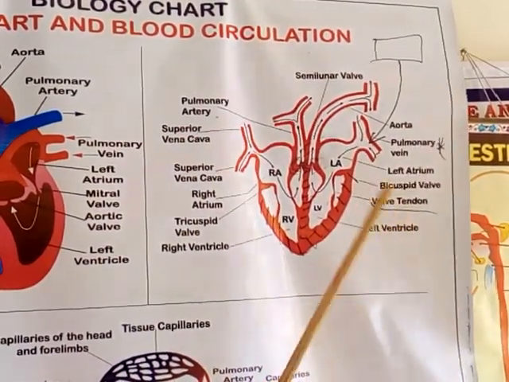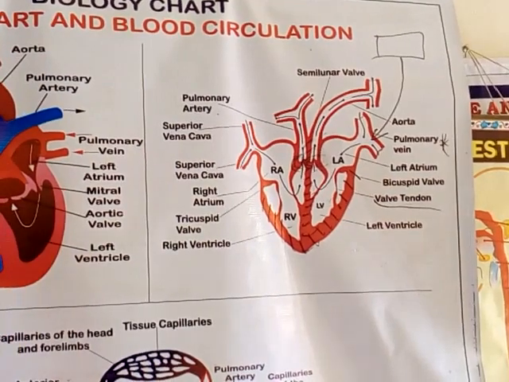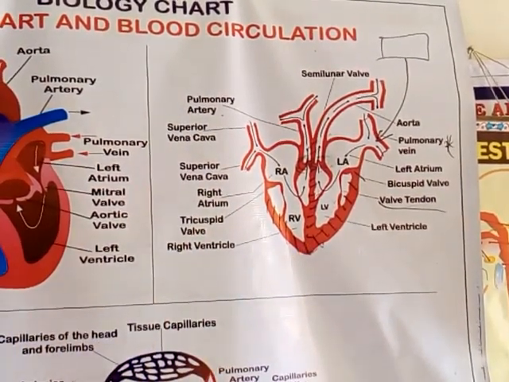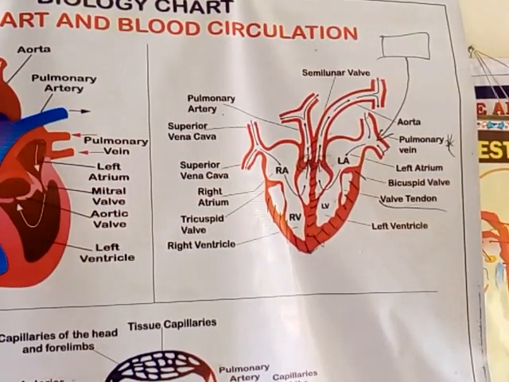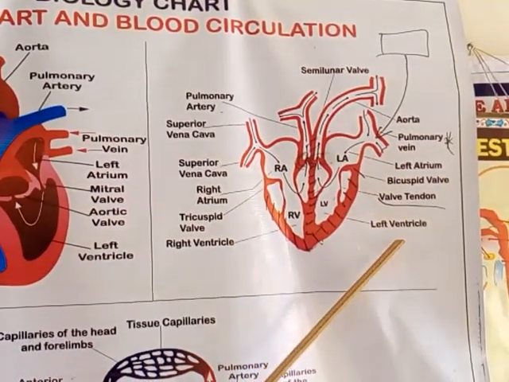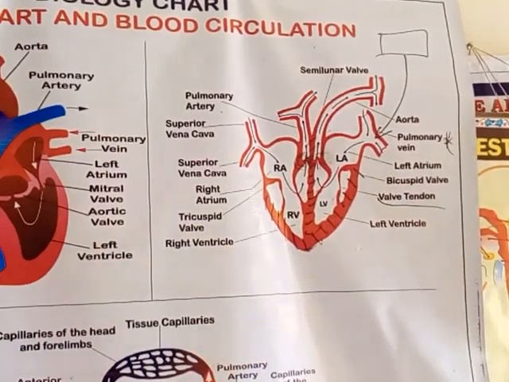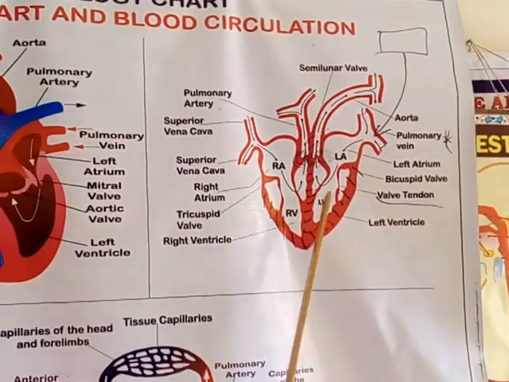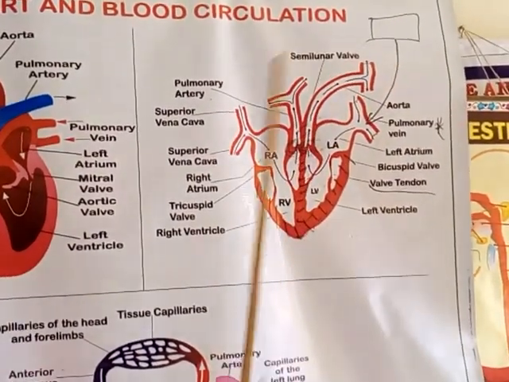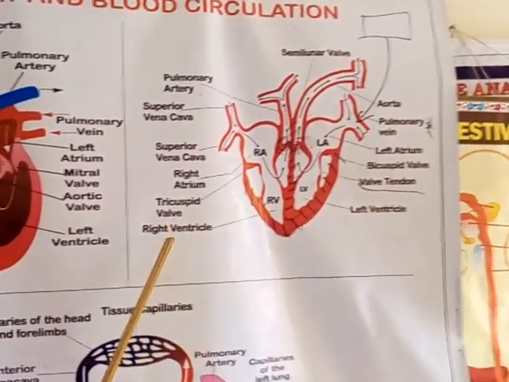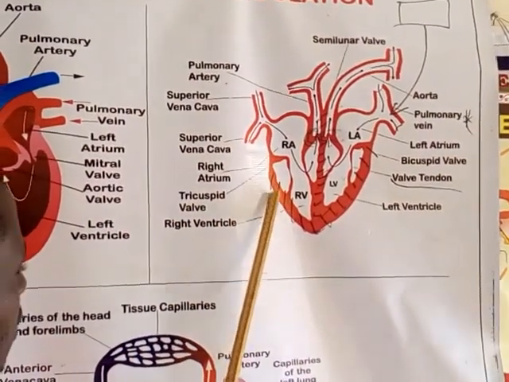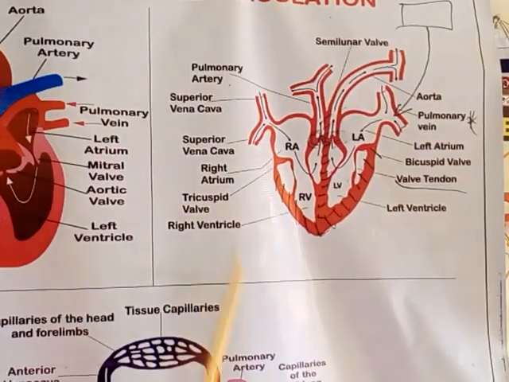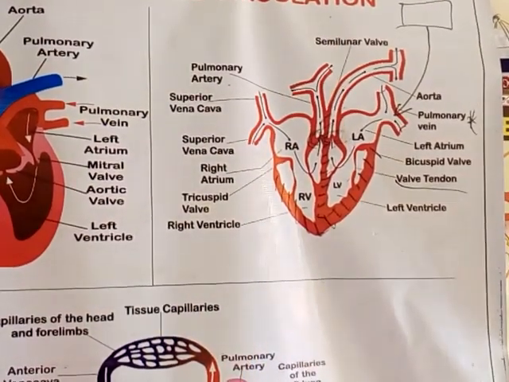The left ventricle is thick because it pumps blood at high pressure to all parts of the body, whereas the right ventricle is thin because it pumps blood over a shorter distance, that is, into the lungs.